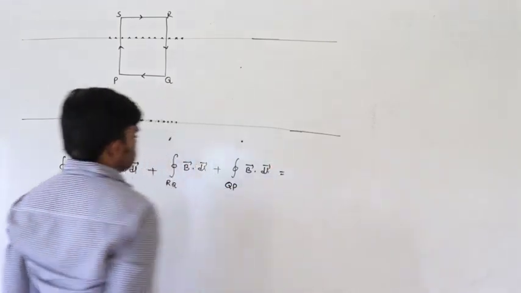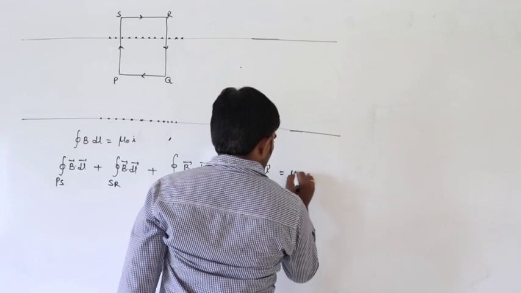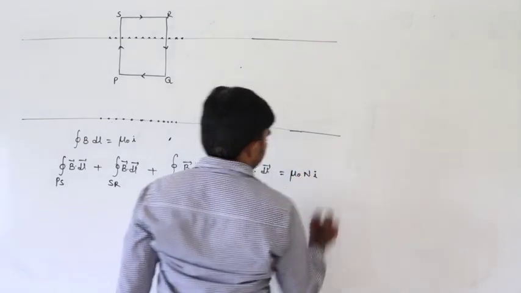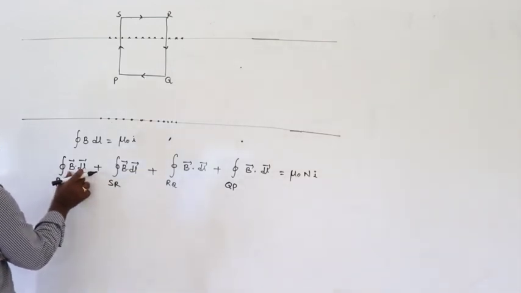That is equal to mu naught times the total net current, mu naught N I.